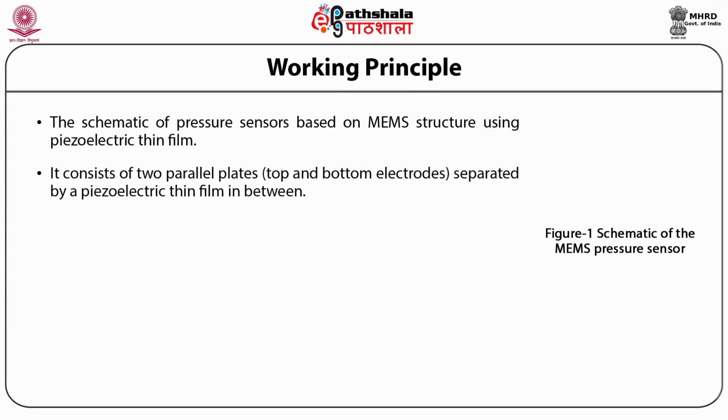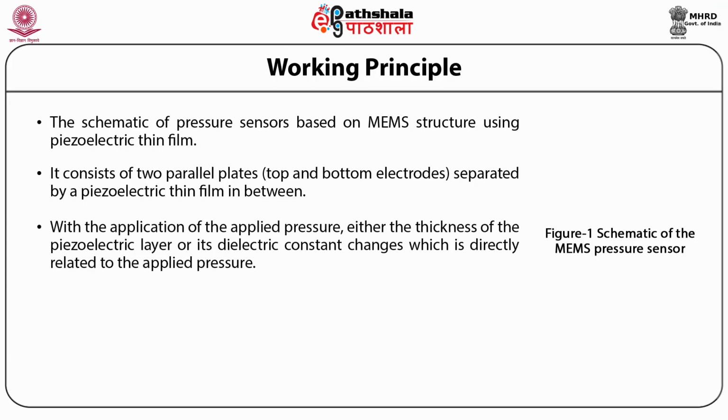It consists of two parallel plates, that is top and bottom electrodes, separated by a piezoelectric thin film in between. With the application of pressure, either the thickness of the piezoelectric layer or the dielectric constant changes, which is directly related to the applied pressure.